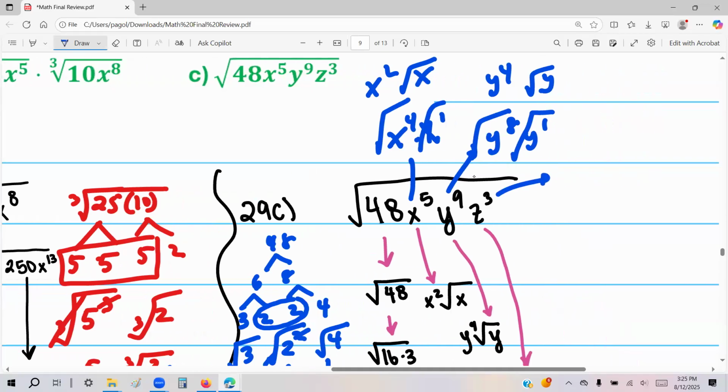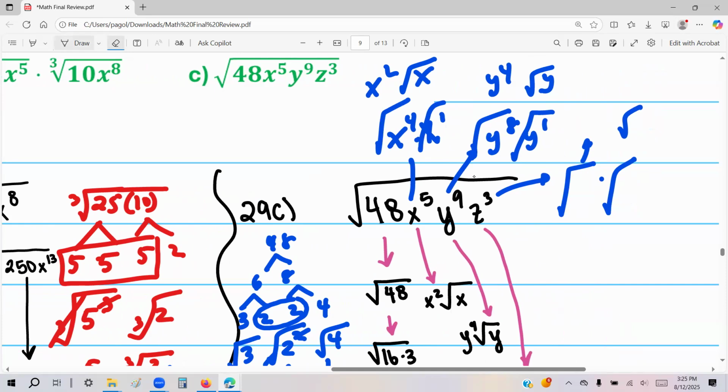Inside z to the 3, we have z squared and z to the 1. So square root of z squared and square root of z. Not x, sorry, z. My bad. So you have z inside and z outside.